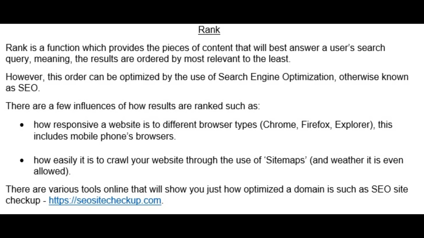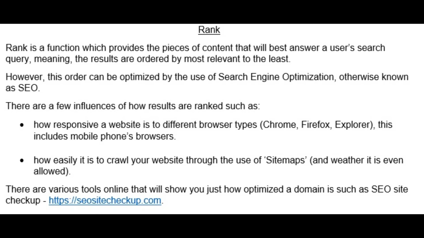However, this order can be optimized by the use of search engine optimization, otherwise known as SEO. There are a few influences of how results are ranked, such as how responsive a website is to different browser types. For example, you've got Chrome, Firefox, Explorer, and so on.